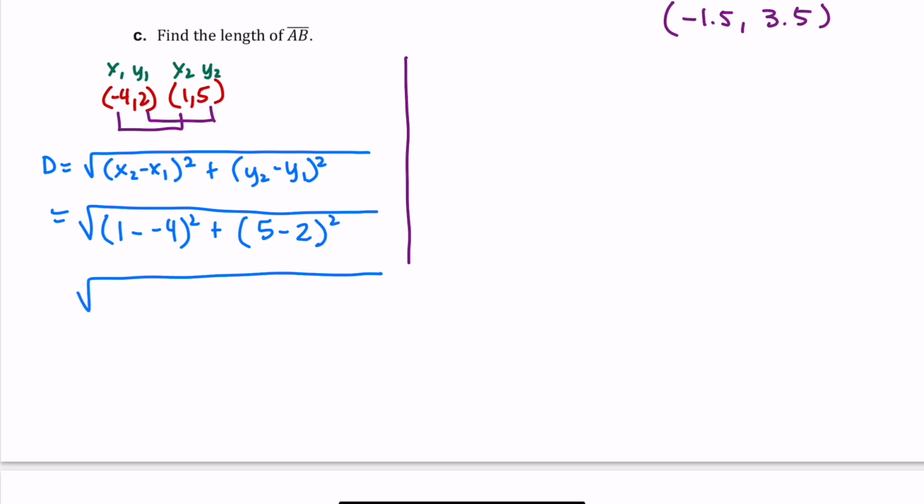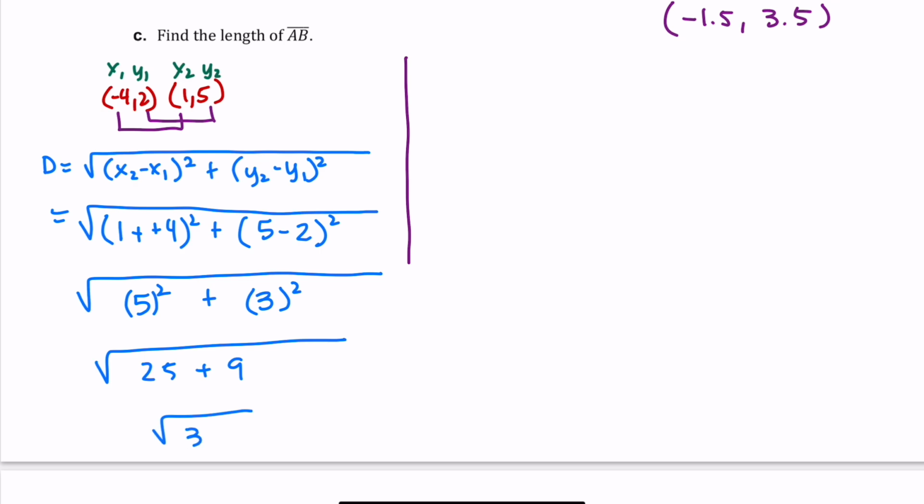And we have 1 minus a negative 4 is the same as 1 plus 4, which is 5 squared. And 5 minus 2 is 3 squared. 5 squared is 25. 3 squared is 9, which gives us the square root of 34.